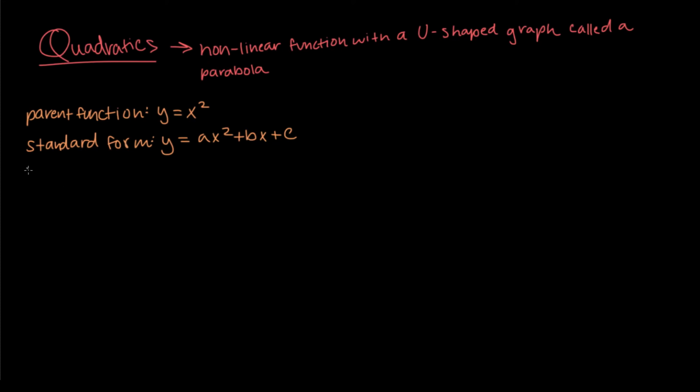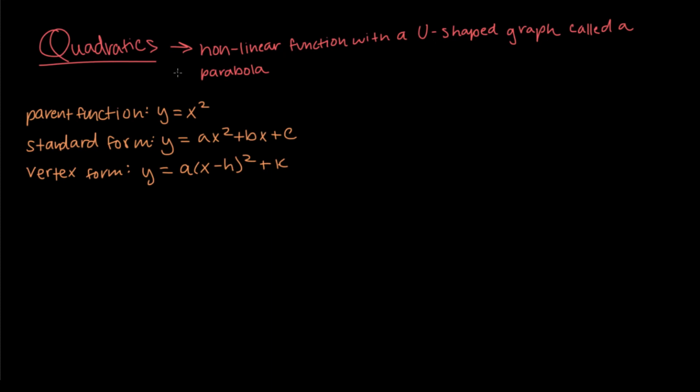We also have what is called vertex form, which is y is equal to a times x minus h squared plus k. So in these instances, our h and our k is the vertex of the parabola.